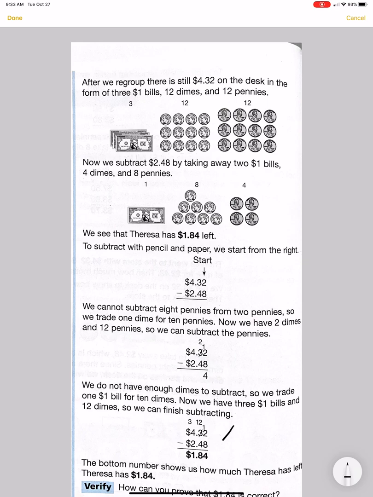I'm mostly concerned that you are able to do this. So we cannot take 8 from 2. 2 became 12. 12 minus 8 is 4. And this 3 became a 2, and we added 1. So 12 minus 4 is 8. Remember your decimal. 3, not 4, minus 2 is 1. If you borrow, you have to make sure you mark that number out and forget it ever happened, okay?